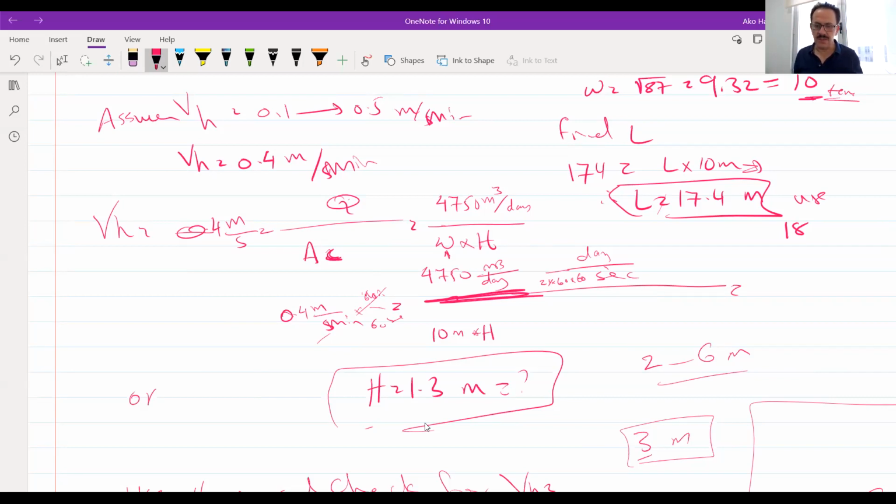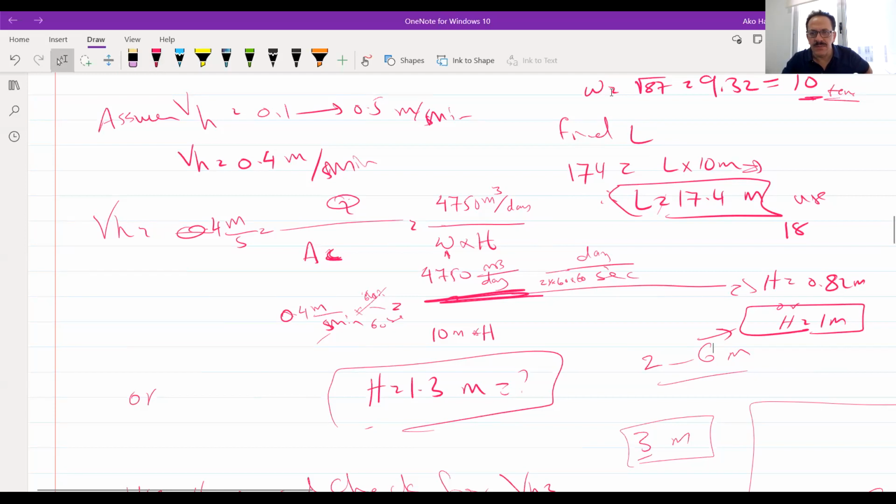So here H is equal to 0.82 meter, or use H equal to 1 meter, which is not accepted. You have to use an H between 2 to 6.